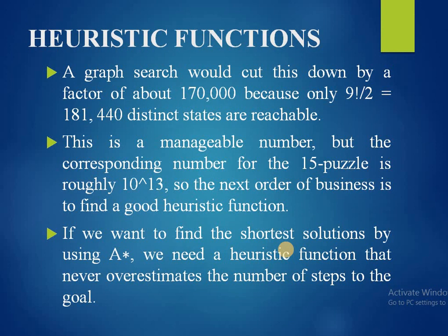A graph search would cut this down by a factor of about 170,000, because only 9!/2, which is nearly 181,440 distinct states, are reachable. This is a manageable number.